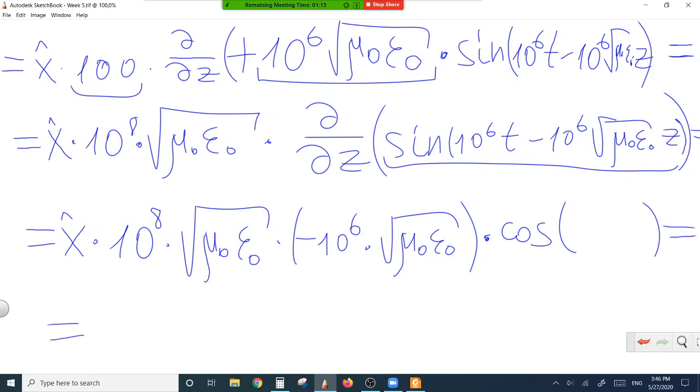The square root of mu 0 epsilon 0 times the square root of mu 0 epsilon 0 gives us mu 0 multiplied by epsilon 0. 10 to the power 8 and 10 to the power 6 gives us 10 to the power 14.